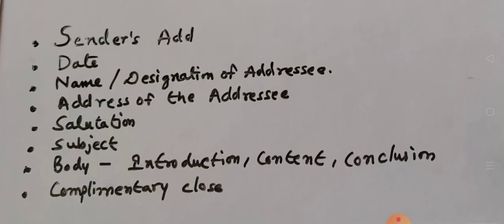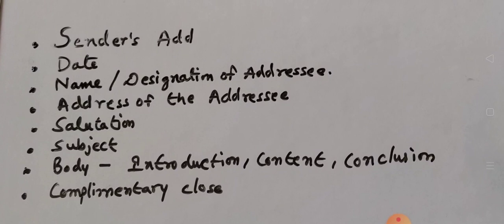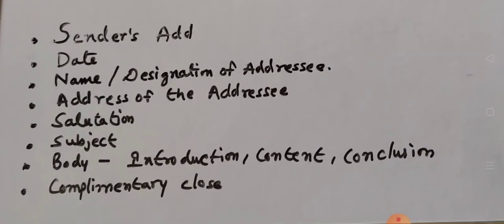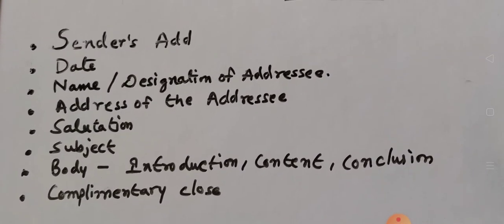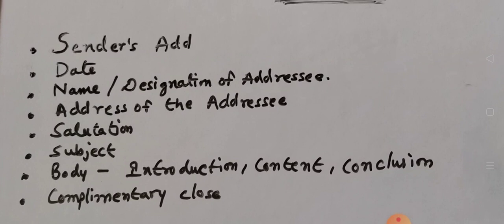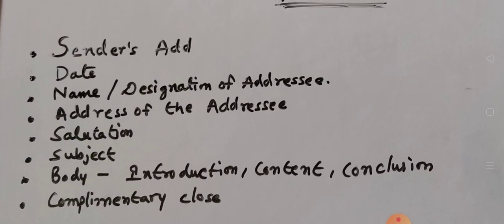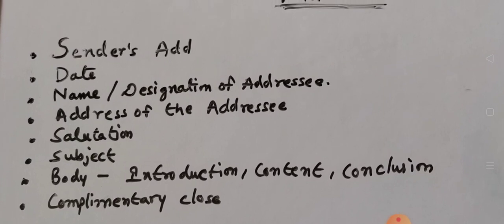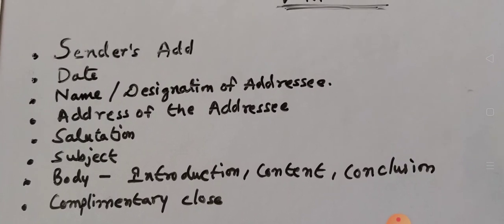Now thereafter you are supposed to write the name and the designation of the addressee. Addressee means whom you are writing this letter to. As I said, I am writing this letter to my principal.